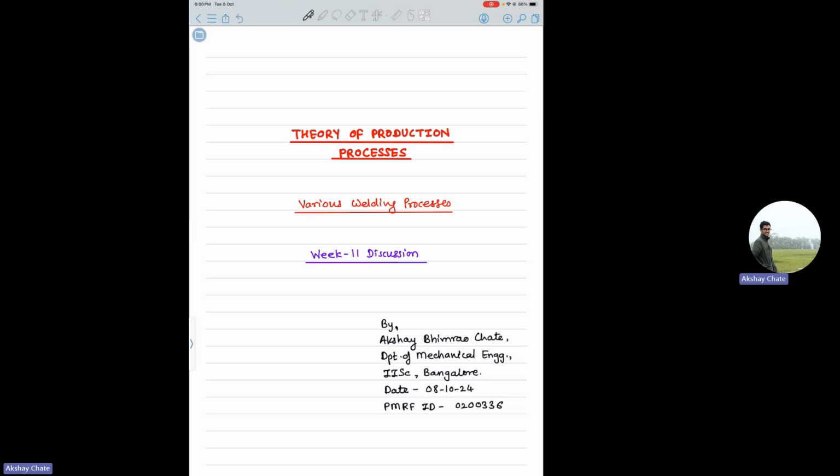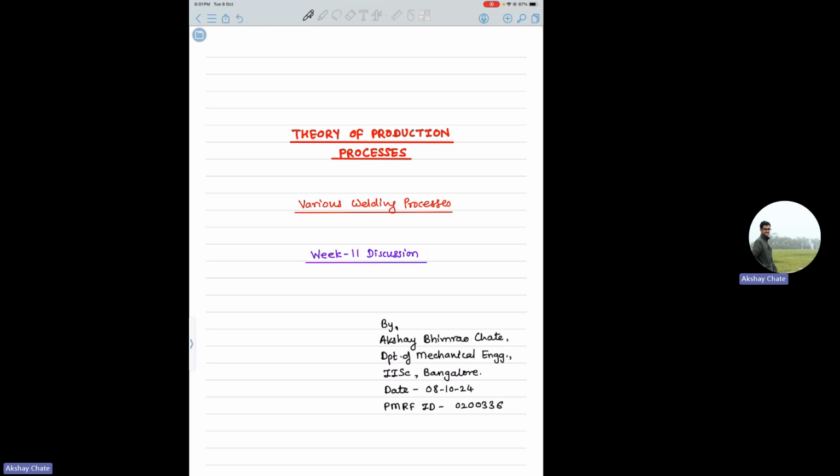Okay, so today again we are discussing various welding processes. Because the reason is, look at the syllabus for this 11th week of the course, you'll realize that there was a lengthy, detailed discussion on residual stresses and various methods to control those stresses, because residual stresses are not good.